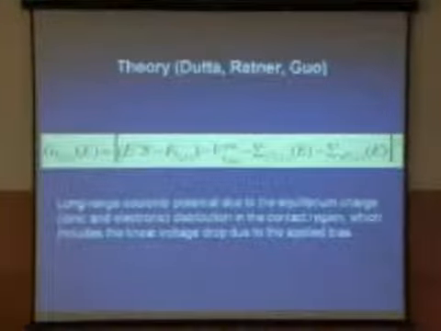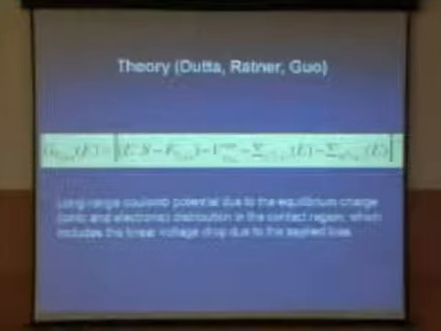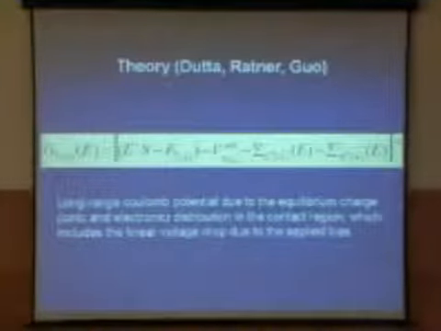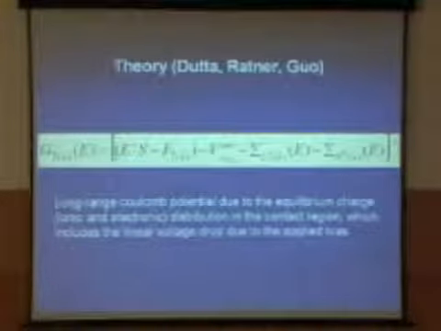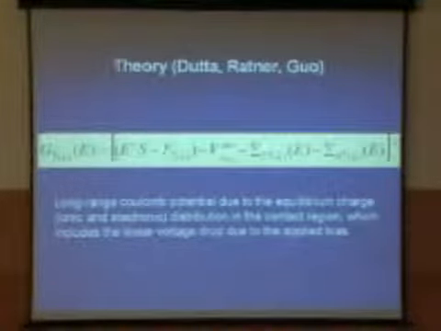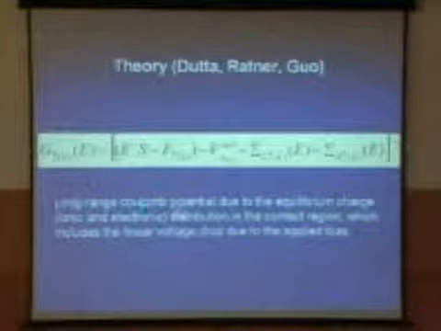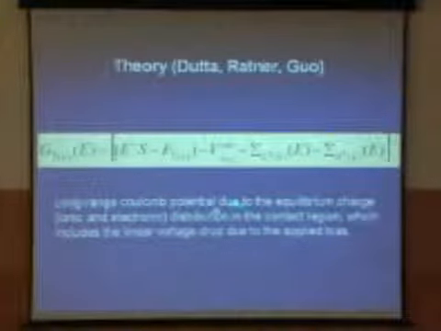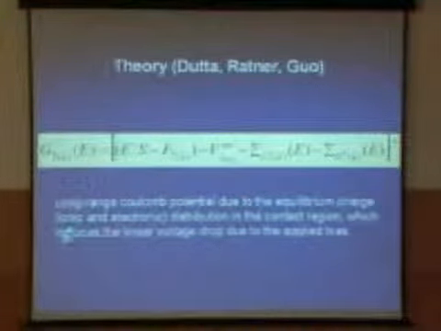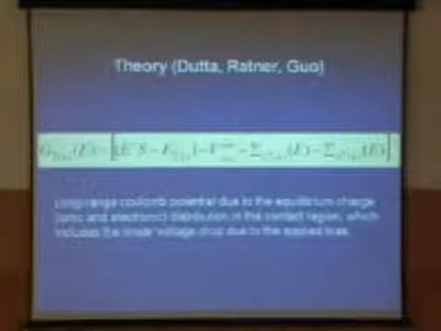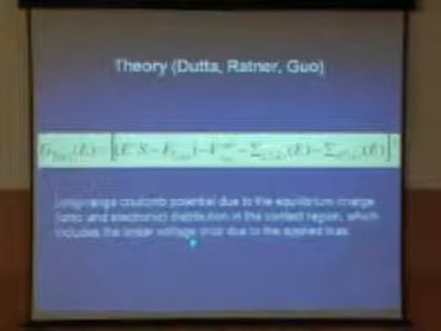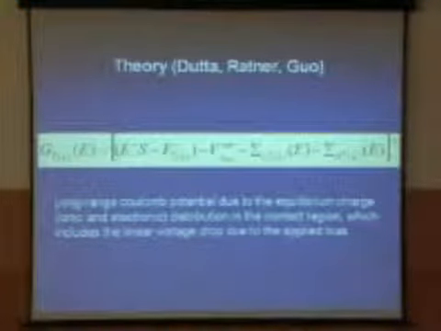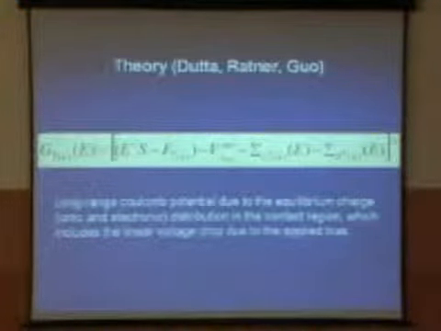Because we are talking about semi-infinite contacts and we have a finite molecule. That's the trick here. And for all the models and approximations we use, the question comes down to how we treat F. So F is the long-range Coulomb potential, which arises due to equilibrium charge, both ionic and electronic, in the system, distributed in the contact region, which includes the linear voltage drop due to the applied bias at the contact point.